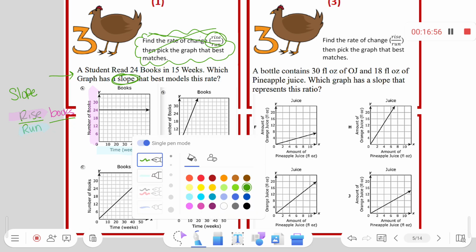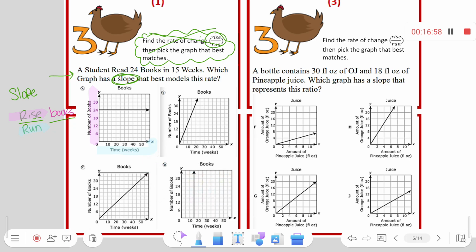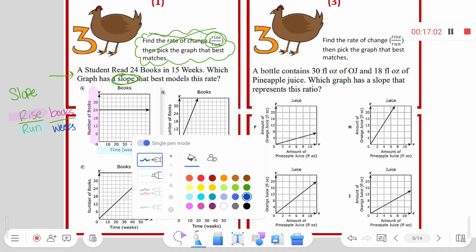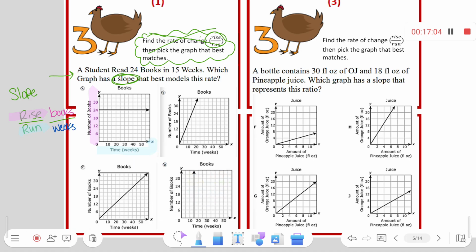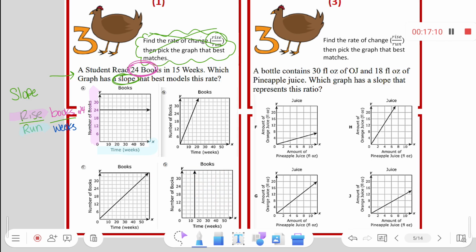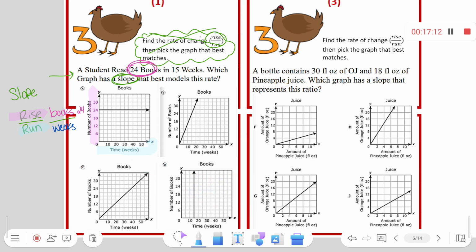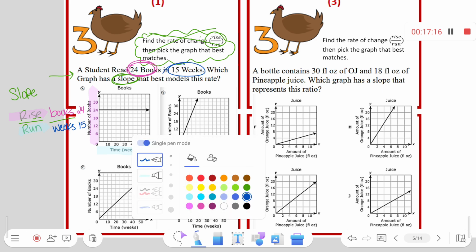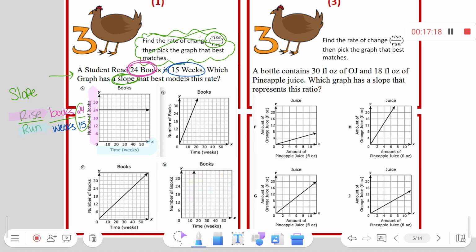So I will have weeks here. Well, from the story, they tell us that we have 24 books, so 24 in the numerator, and 15 weeks, so 15 in the denominator, which means the slope is 24 over 15.